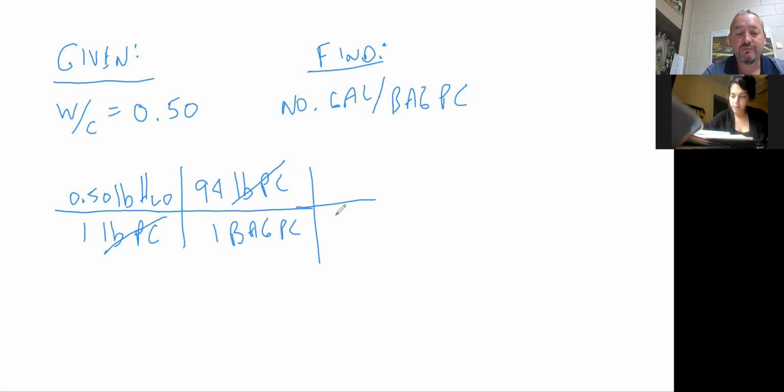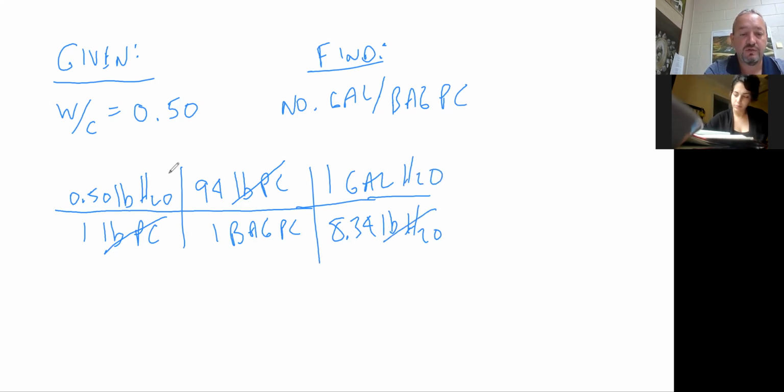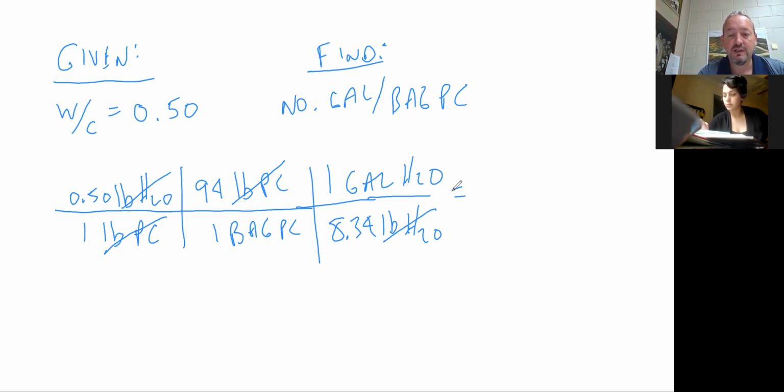And if you don't know this, commit it to memory, there are 8.34 pounds of water in 1 gallon of water. That'll let me cancel this, and that's going to give me gallons of water per bag of Portland cement.